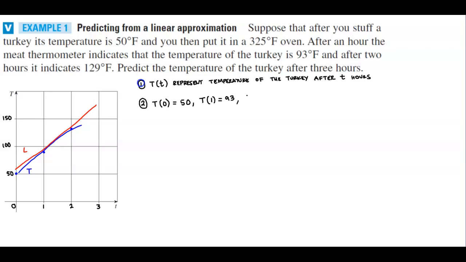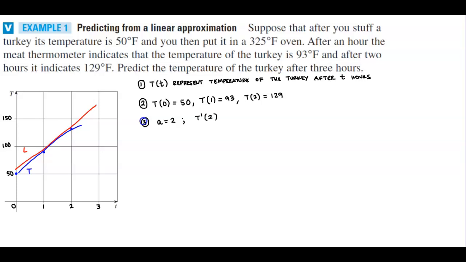And we know that the temperature after 2 hours, the turkey is 129 degrees. So now, in order to make a linear approximation with a equal to 2, we need to estimate the derivative T prime of 2.